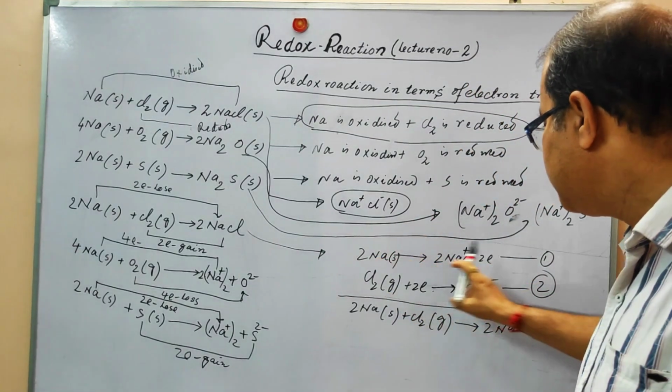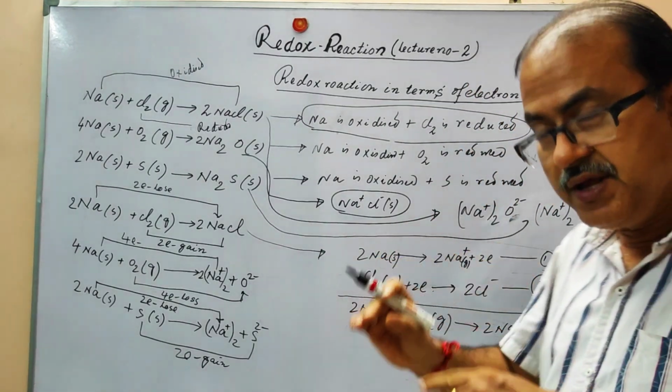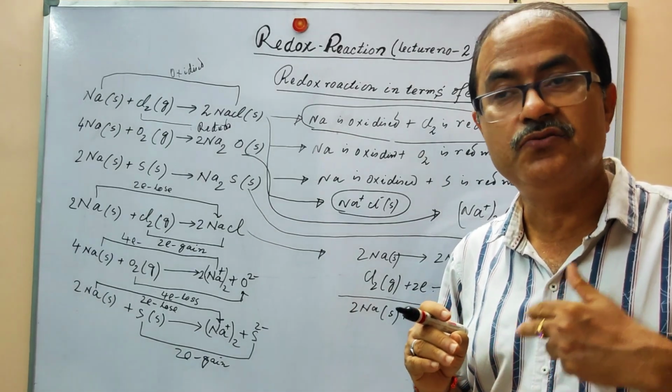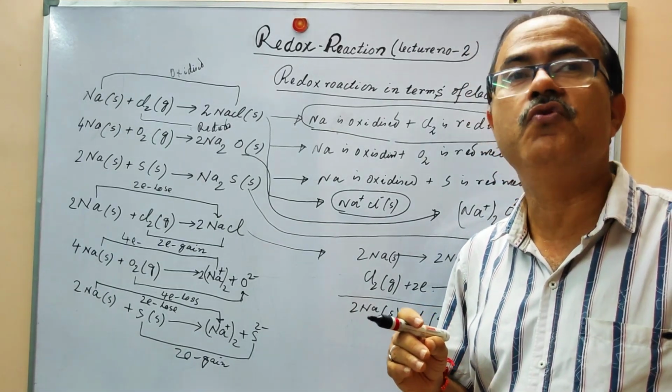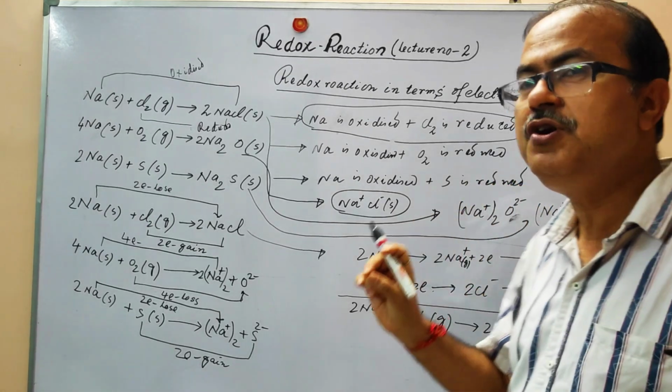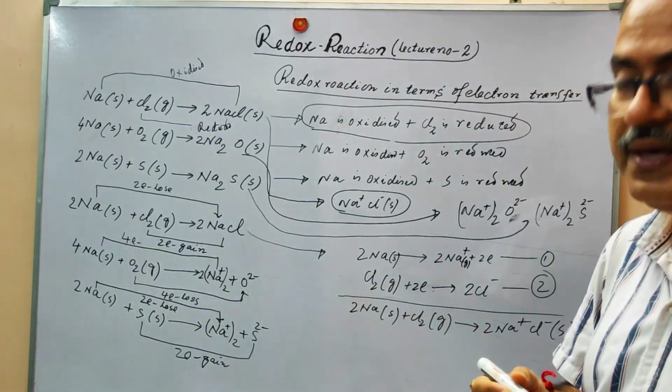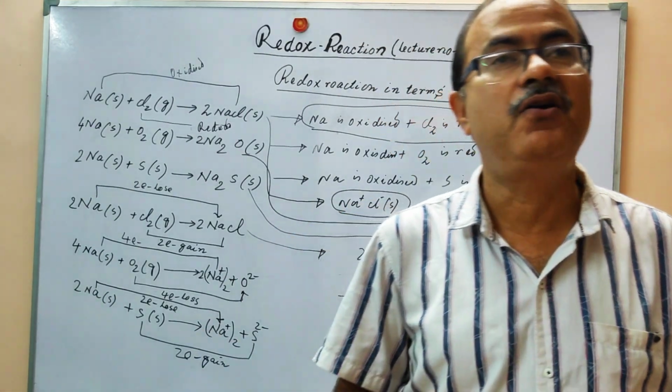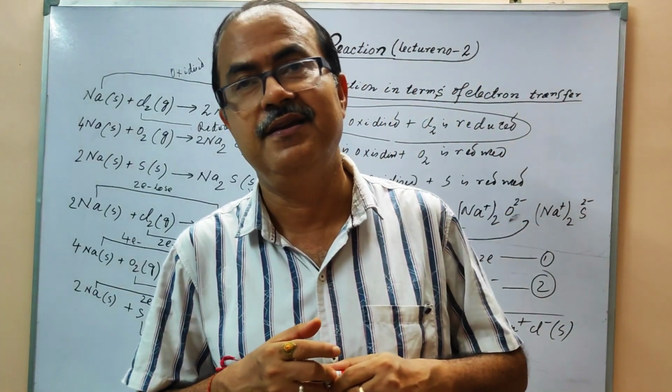But in the electron transfer, we find that sodium is losing electrons, whereas chlorine accepts them. So in terms of electron transfer, we define oxidation and reduction.